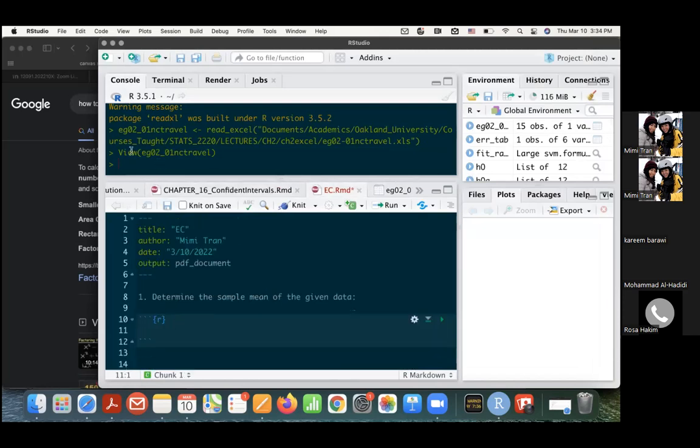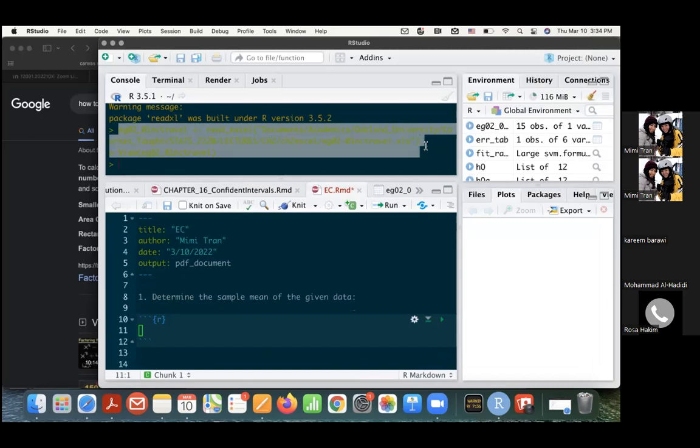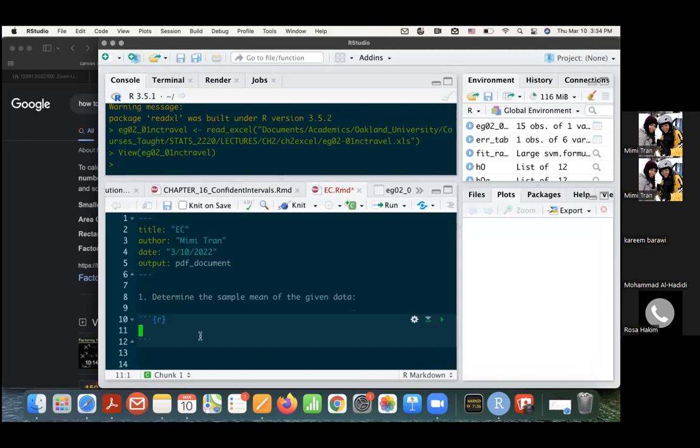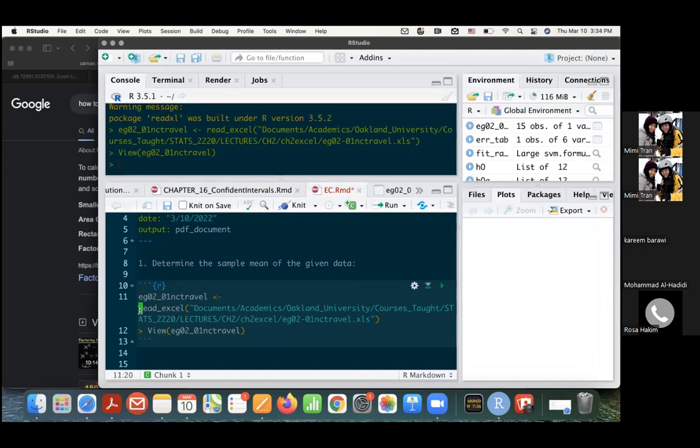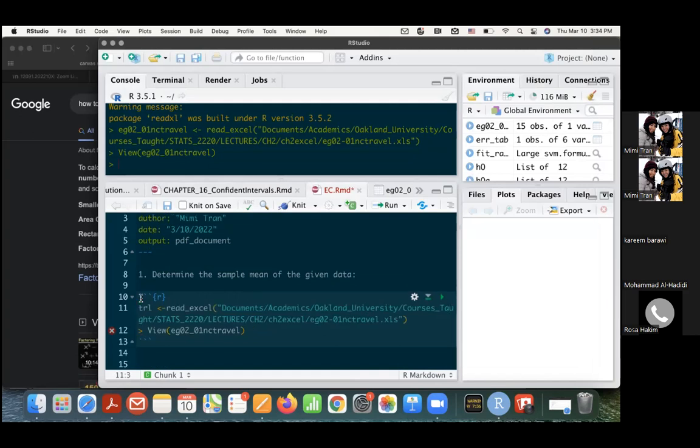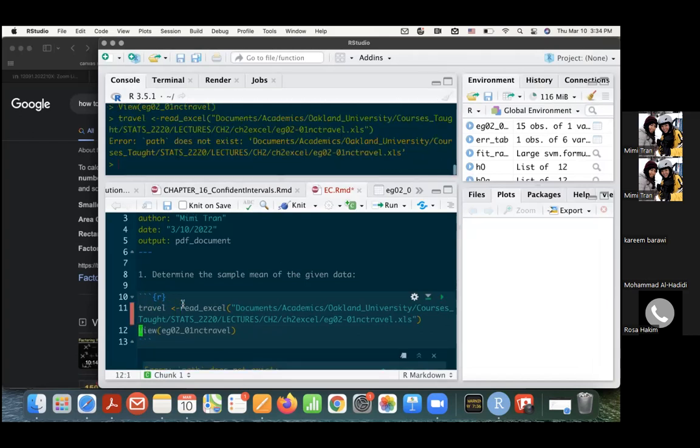Okay, so up here, if I was you, I'm gonna copy this part to here. And I'm gonna name it something different. Say travel. And then I'm gonna remove that little thing, and then if you do Command Enter, it runs. Pattern not exist.